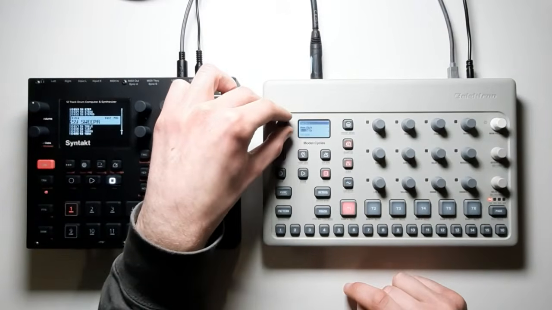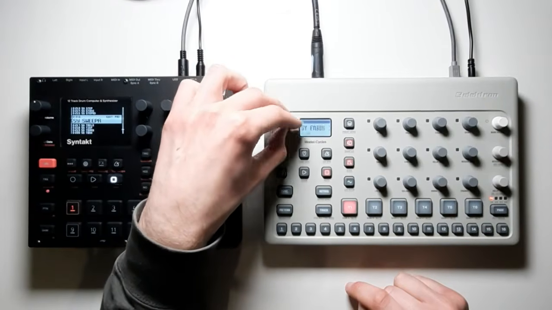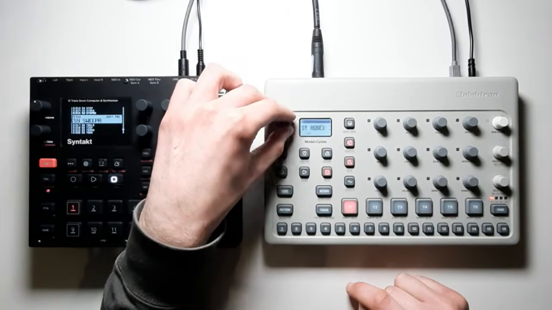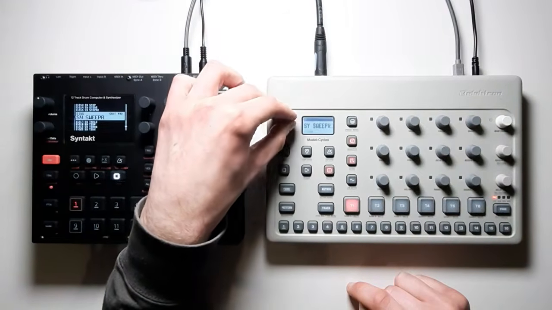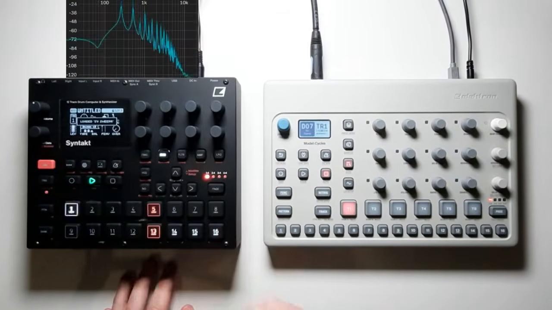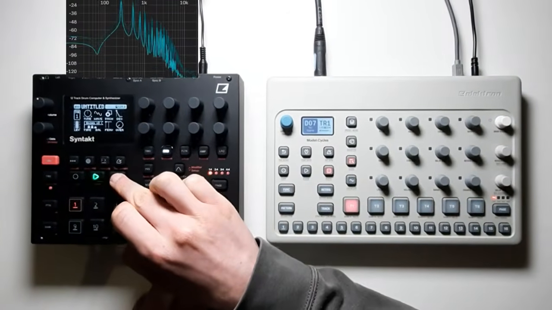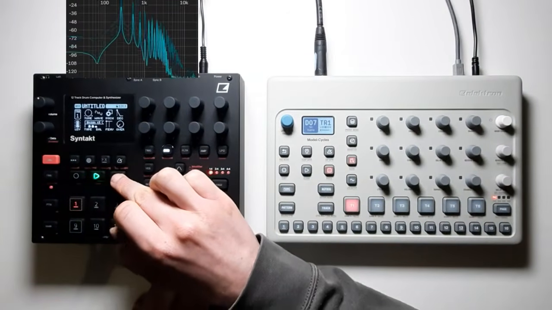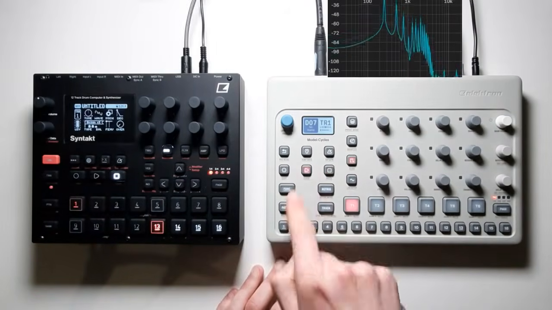Let's go with the swap. Here we are. Always four on the floor. So we have a kind of evolving sound.